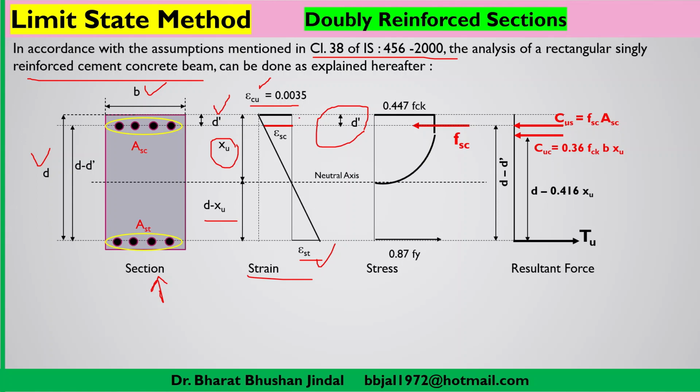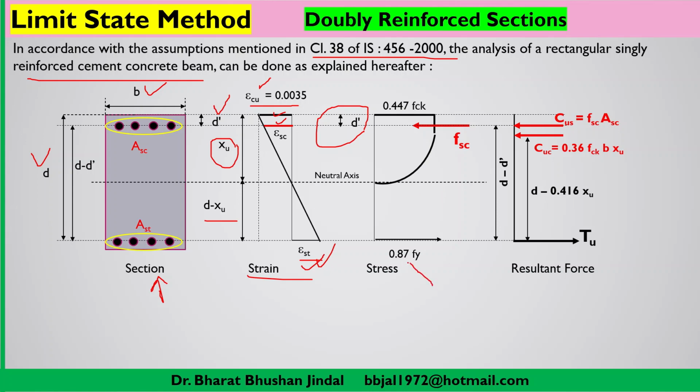D dash is the distance of the compression steel bars from the outermost or topmost compression fiber. So you can see here, this is the strain due to compression in concrete, this is the strain in compressive steel, and this is the strain in tensile steel.